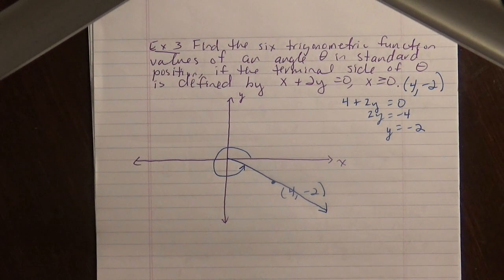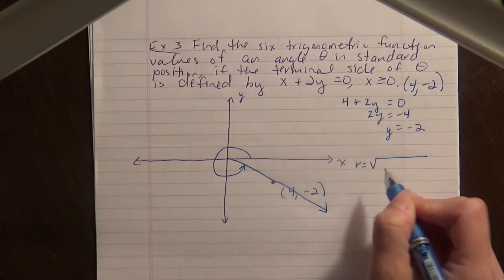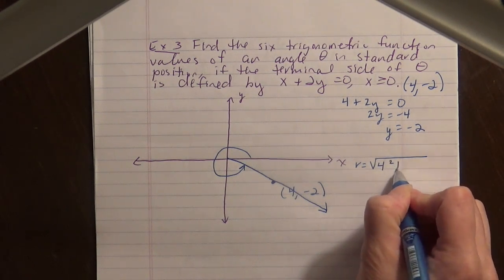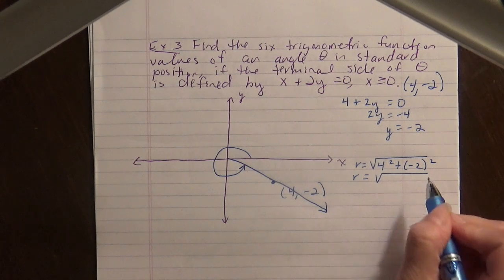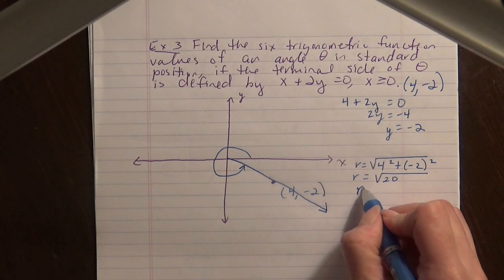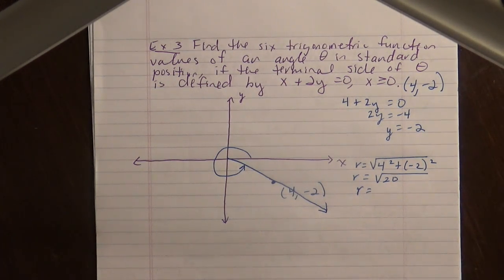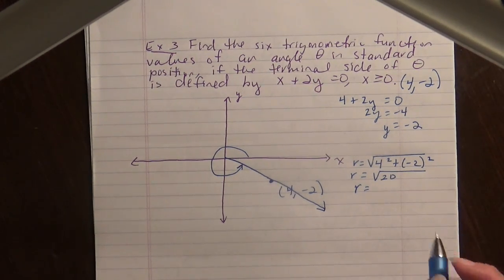We do need to find our radius. We still do the radius the same way. We're going to do r equals the square root of x squared plus y squared. So that's going to be the square root of 16 plus 4, which gives me 20. Now this one's a little different from the previous ones because we don't end up with a perfect square inside our radical. 20 is not a perfect square, so we're going to have to simplify this as far as possible, and we're going to have to keep it in the exact form, meaning there may be a square root still in our value here.